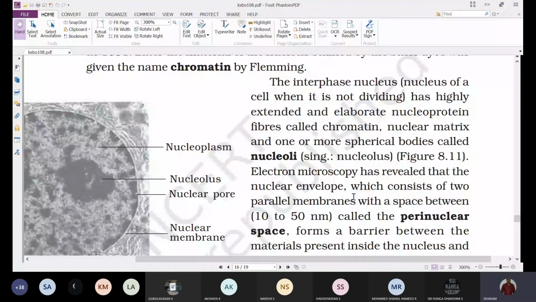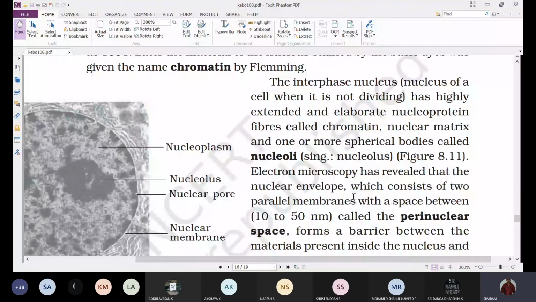One is the chromatin material, the second is the matrix of the nucleus, that is nuclear matrix or nucleoplasm, and we find nucleoli. If only one spherical body is present, we say nucleolus. If more than one is present, we find nucleoli. Usually we find more than one nucleolus.